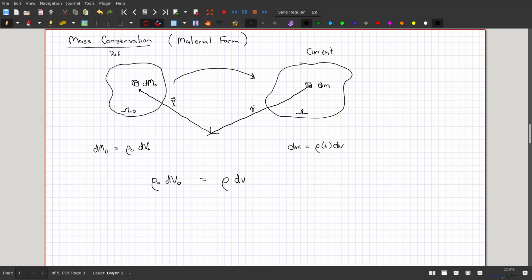Then if we want to track this for all time for the total body, we can integrate.